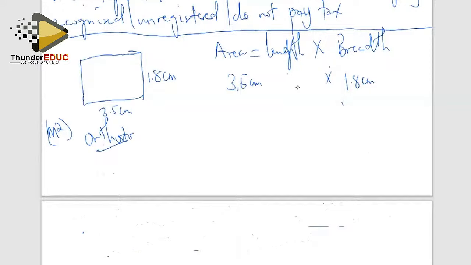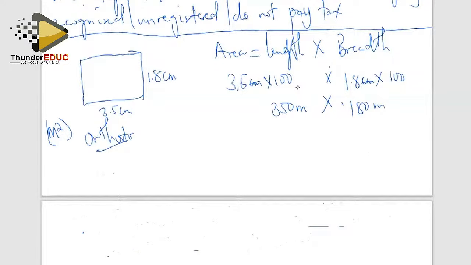If you want to convert this to meters, we multiply by 100 for the length. We also multiply by 100 for the width. We ignore the centimeter unit because we are already converting to meters. 3.5 times 100 gives us 350 meters for the length. 1.8 times 100 gives us 180 meters.